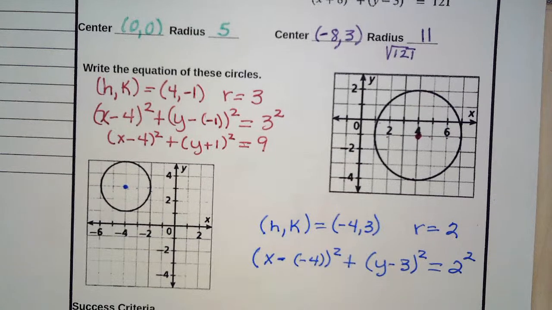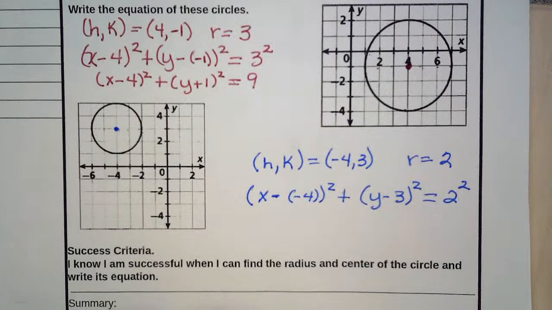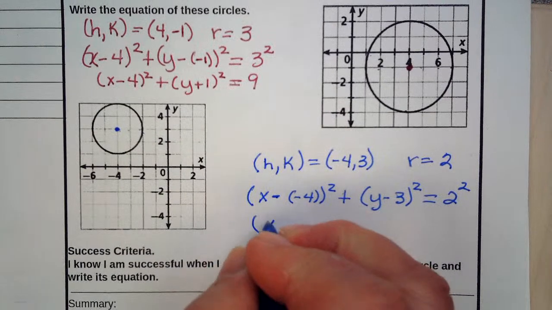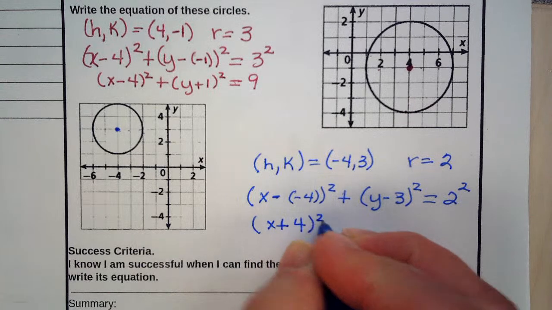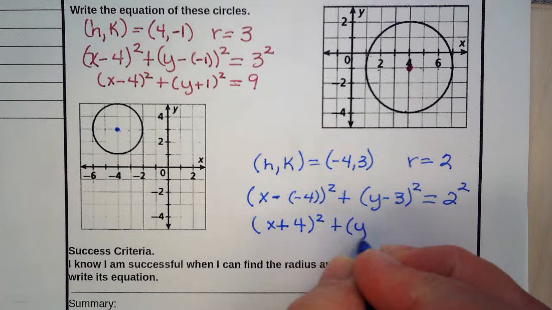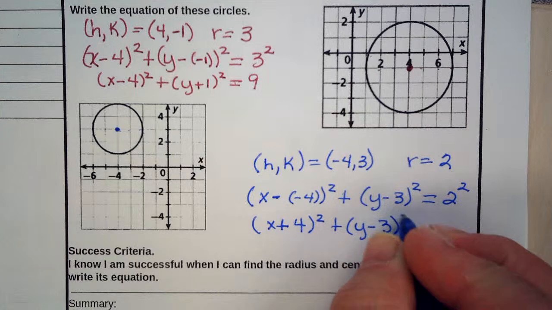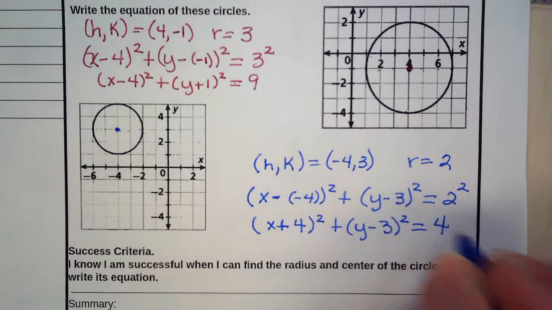Make it look good. (x + 4) quantity squared plus (y - 3) quantity squared is equal to 4.